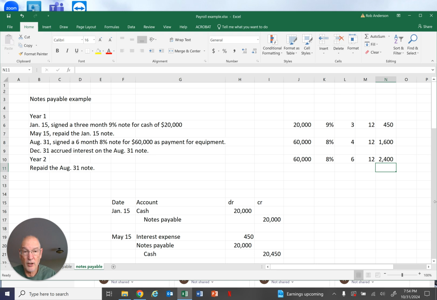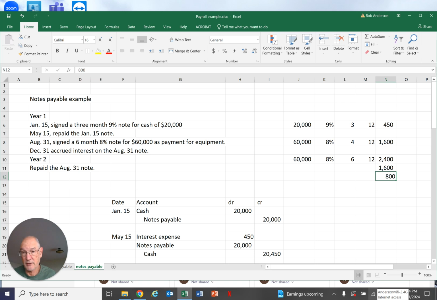However, we've already accrued 1,600 in the previous period. So what's our new interest? Well, our new interest is the difference between these two, 2,400 less the 1,600 already recognized. That's our $800. Now, just for fun, if you want to, take 60,000 times 8% times 2 months divided by 12, and you're going to get $800.